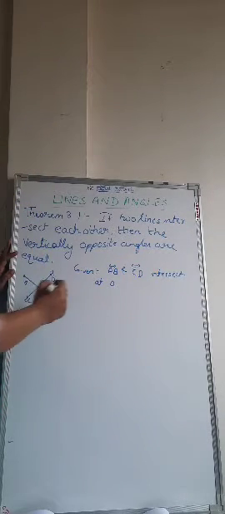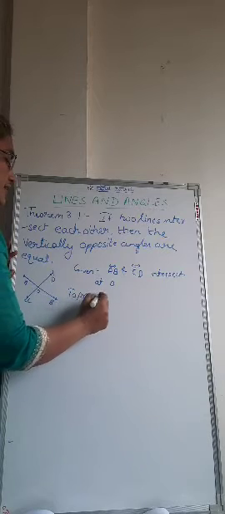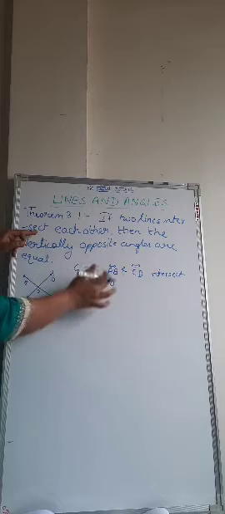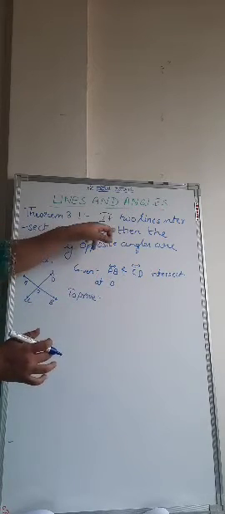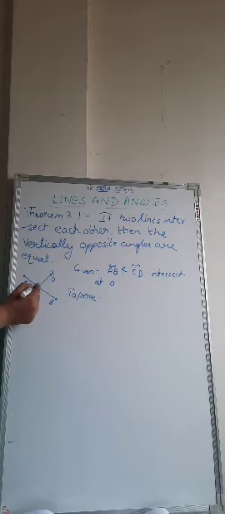Intersect at O. What we have to prove? Now see the statement. If two lines intersect, we have taken that for the given. Then the vertically opposite angles are equal. Which are the vertically opposite angles? These two are one pair of vertically opposite angles, and these two are another pair of vertically opposite angles.